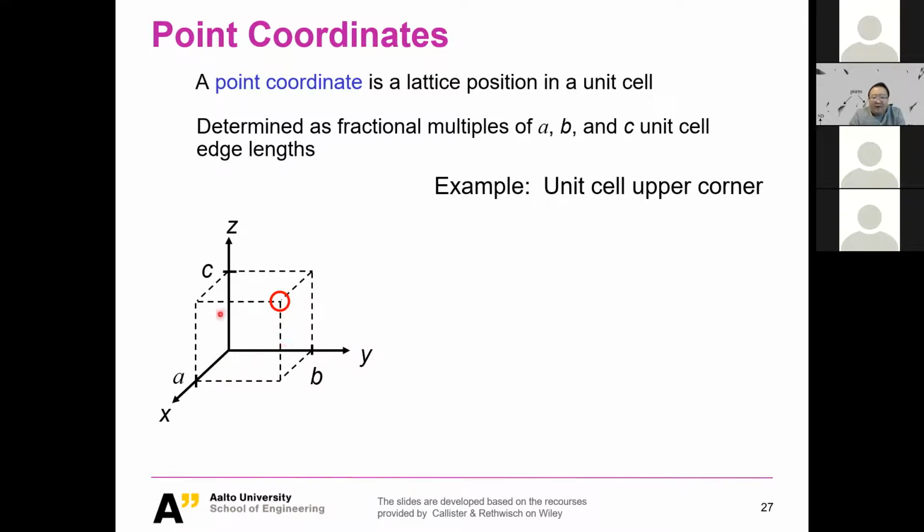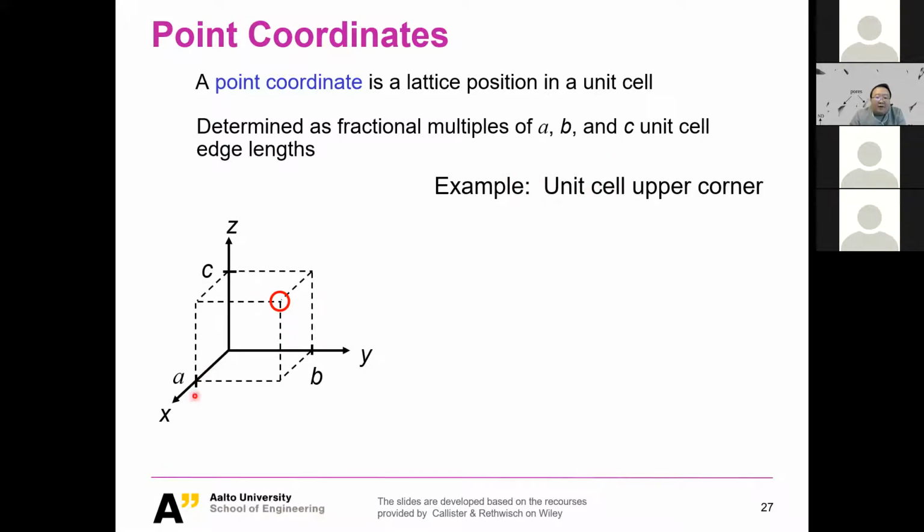For example, if this is the unit cell with the edge lengths A, B, C, they don't necessarily need to be equal to each other, but they could also be equal. If they're equal, we're facing structures like simple cubic, BCC, FCC. For simplicity, you can imagine they are the same, but here I'm giving you the case as if they were different.